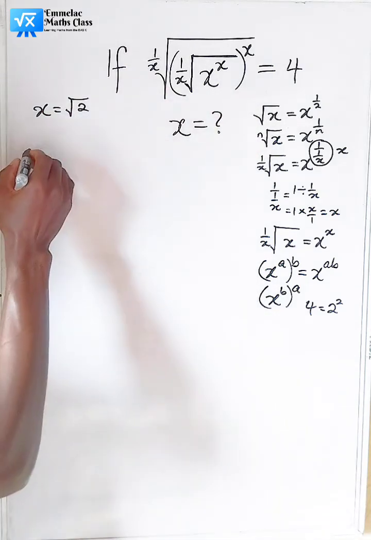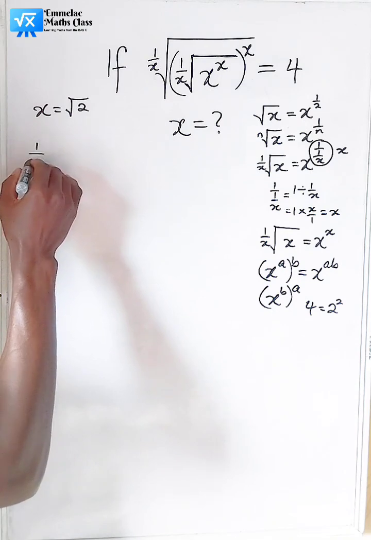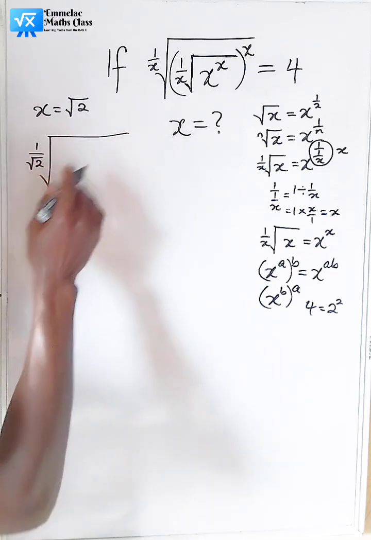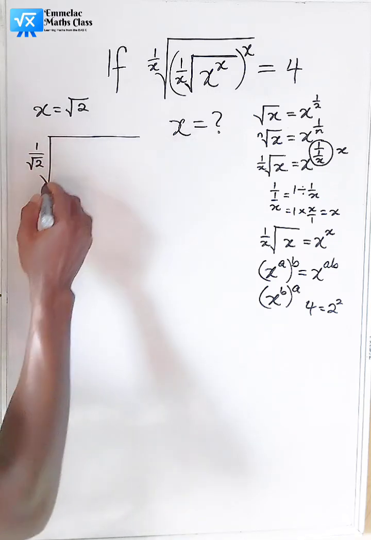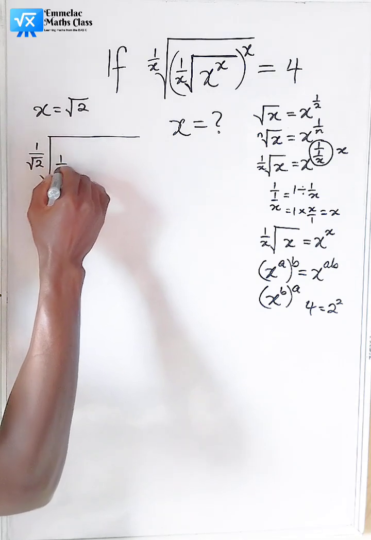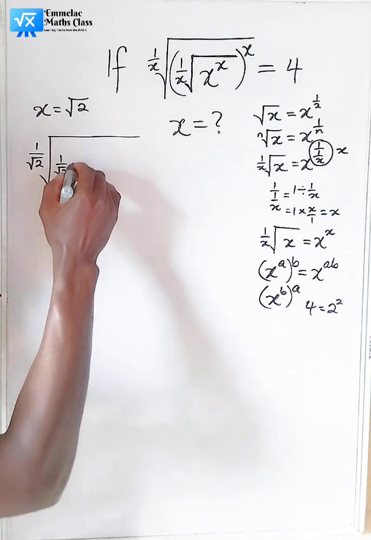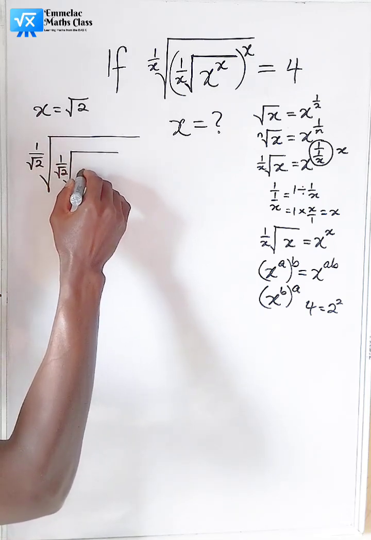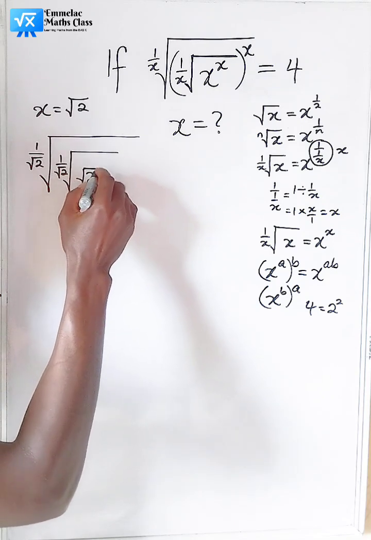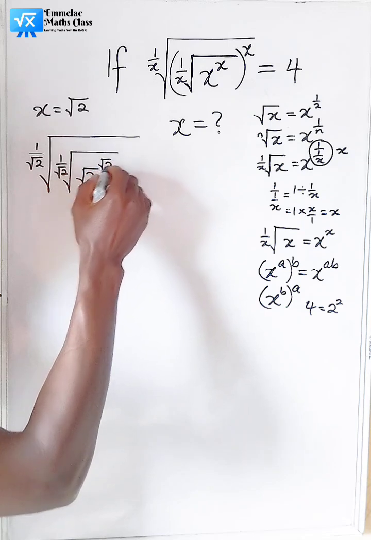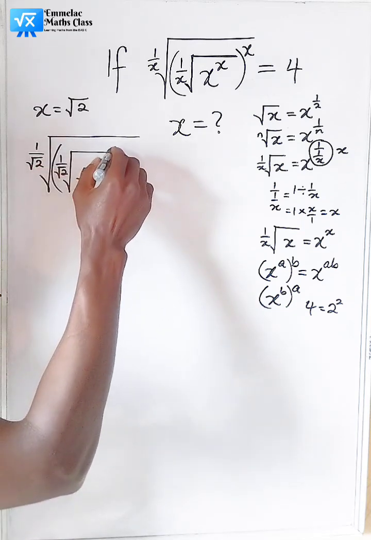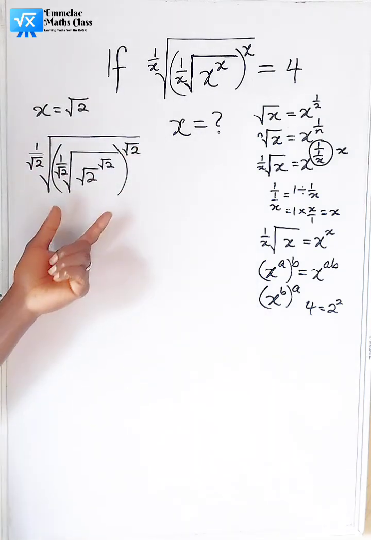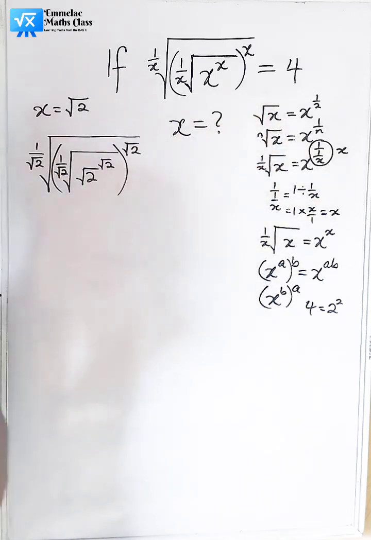So here we have 1 all over the square root of 2, the square root of 1 all over the square root of 2, the square root of 2 raised to the power of the square root of 2, or raised to the power of the square root of 2. Okay, now let us see how this will give us 4.